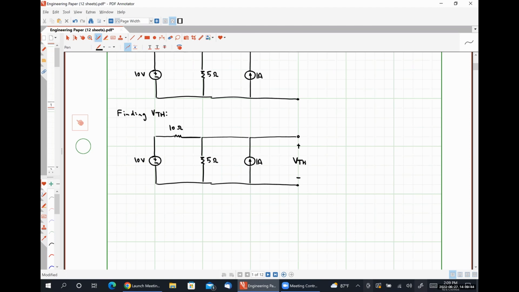I believe we can just use Kirchhoff's current law at the top right-hand node and solve for VTH. We could do mesh analysis and solve for VTH, whatever we want to. So I would like for you guys to just throw out some sort of circuit analysis technique, and then let's run with that idea.